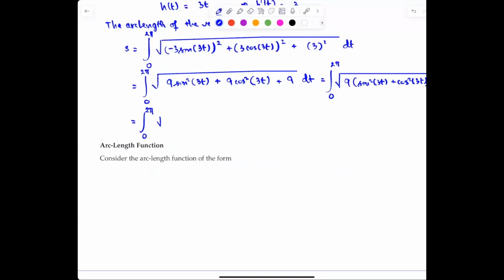So you get square root of 9 plus 9 dt. Square root of 18.